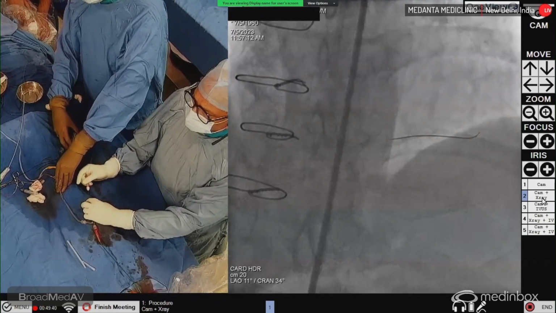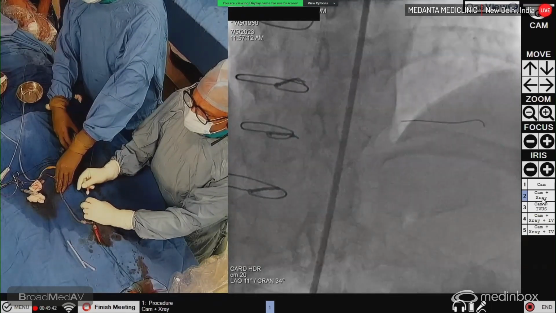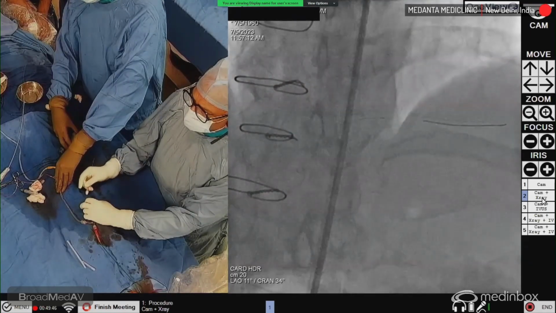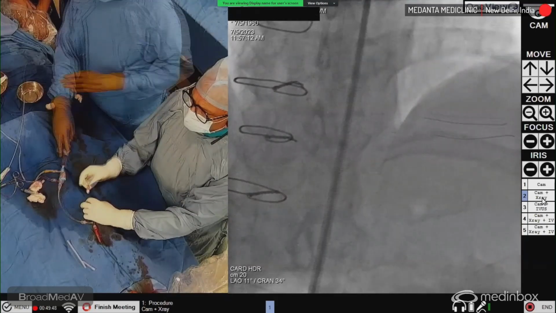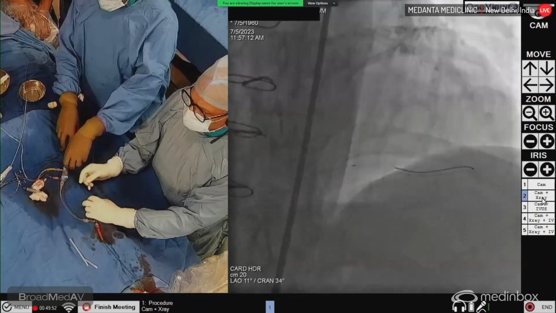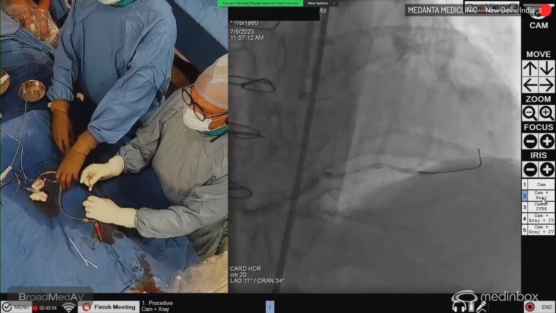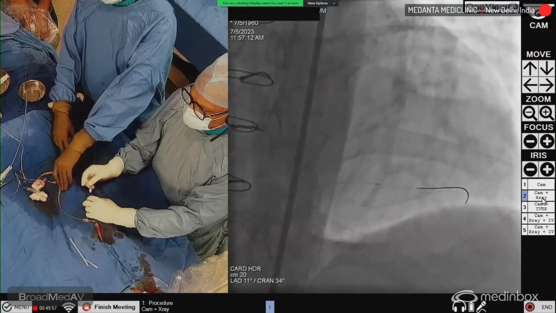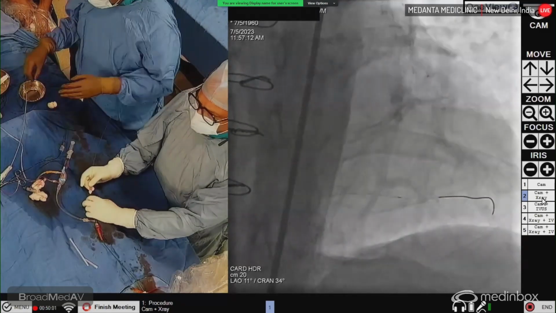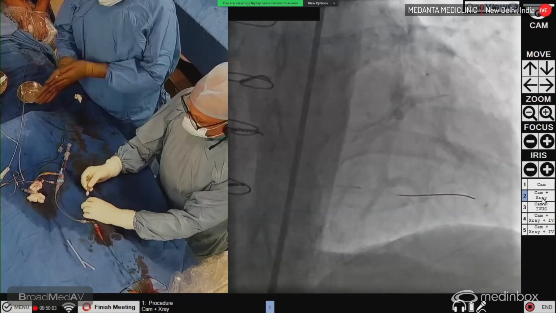Okay. And here, this guiding is not going to help us too much. So that is why I have already thought of taking a guide extension, which is the guide plus 2 catheter. Okay, yes, we are in good position now.